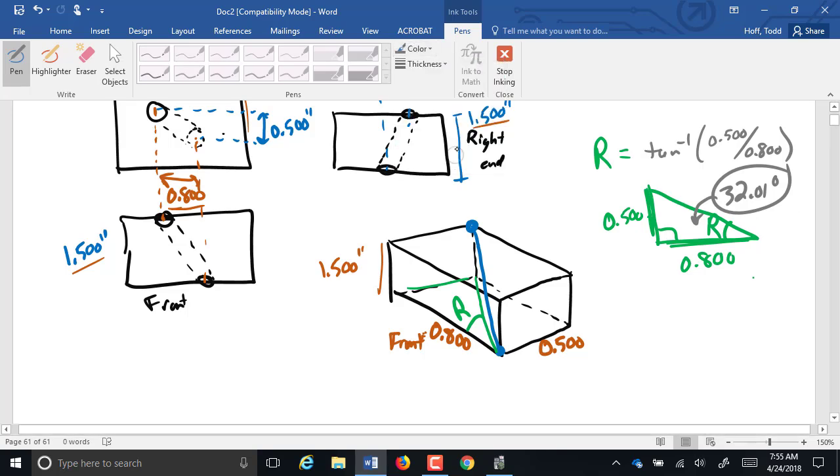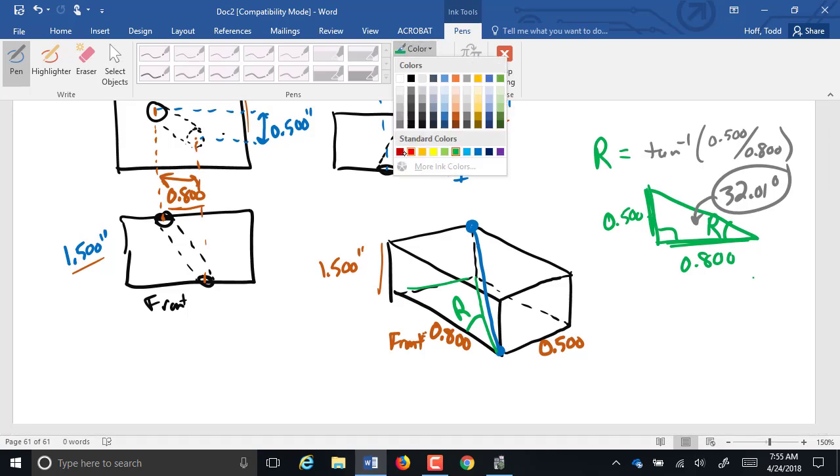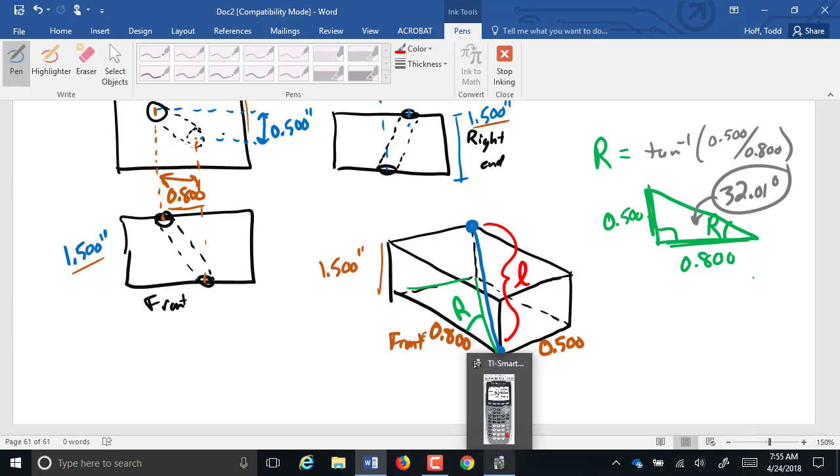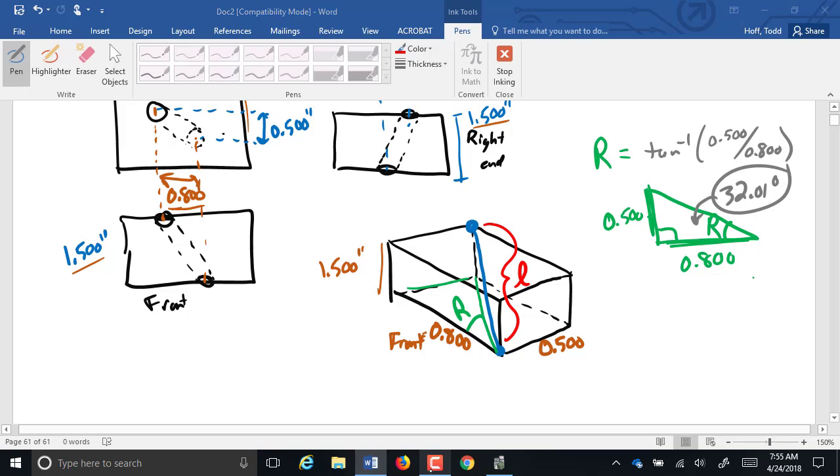Next, I'm going to have you guys find L, the length of that cut, the length of the bore. I'll give you guys a minute for that. So to find L, it's the square root of, perfect.